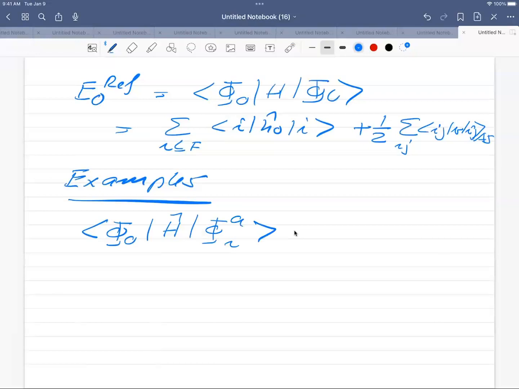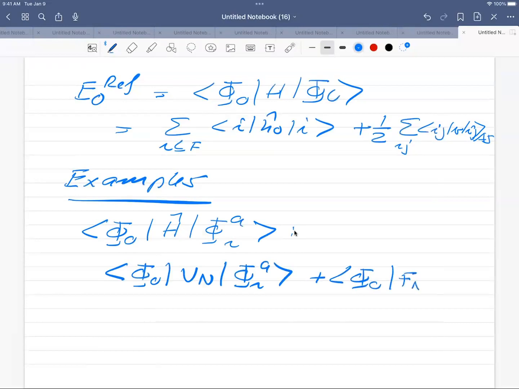And what we found yesterday, when we looked at these expressions, if we now broke it down in terms of phi 0, and then we had the V of n and phi I a, and then plus phi 0, and then we have the f of n operator, and then this phi I a.